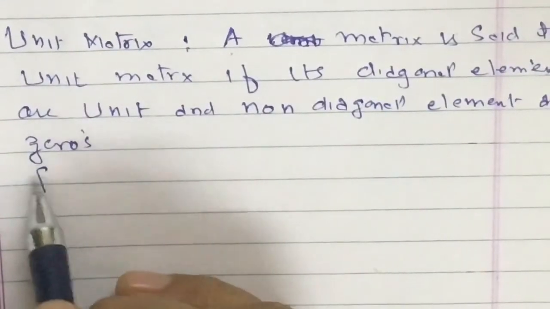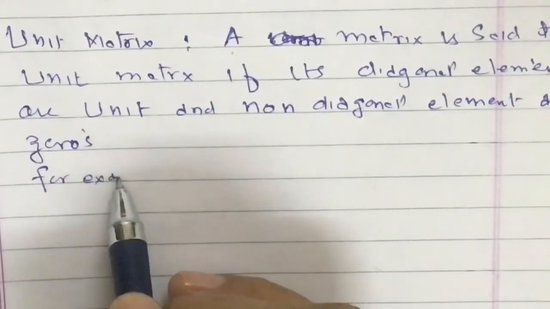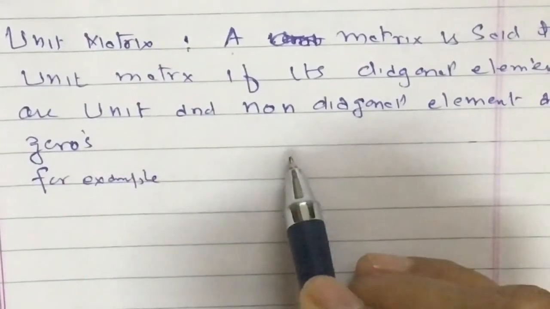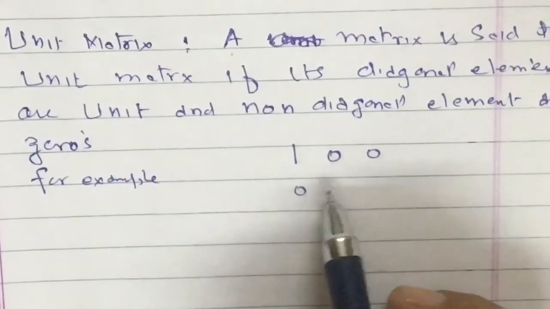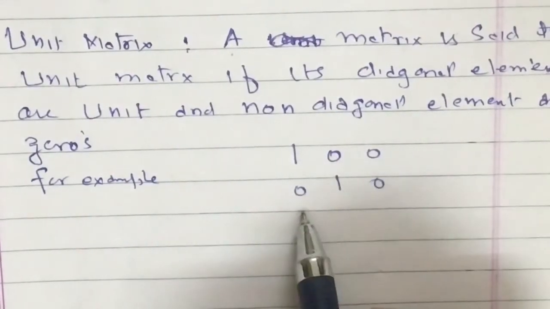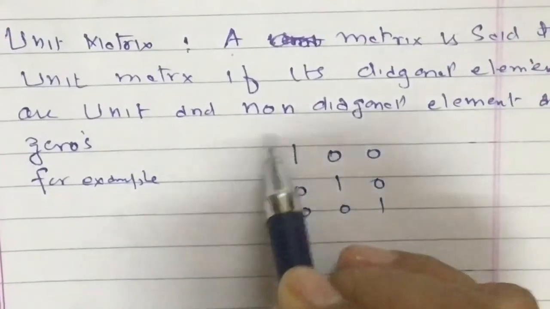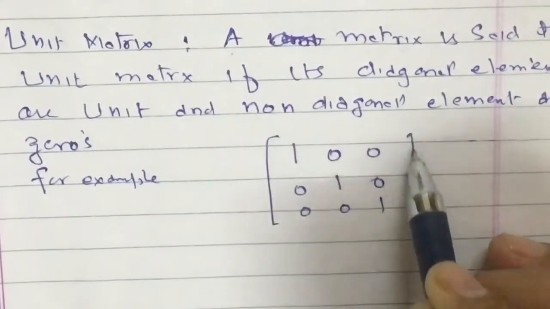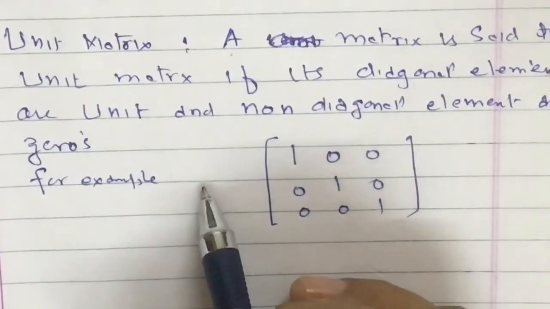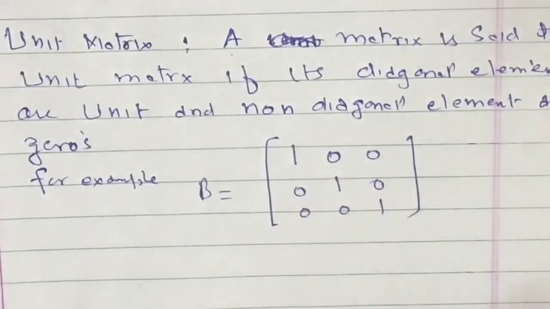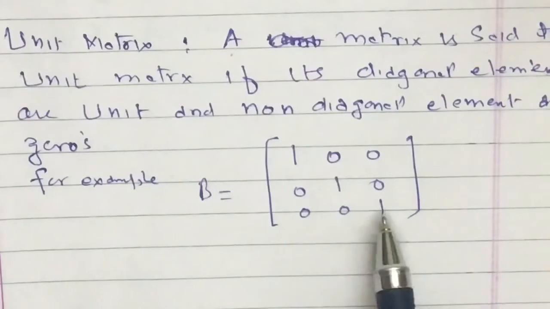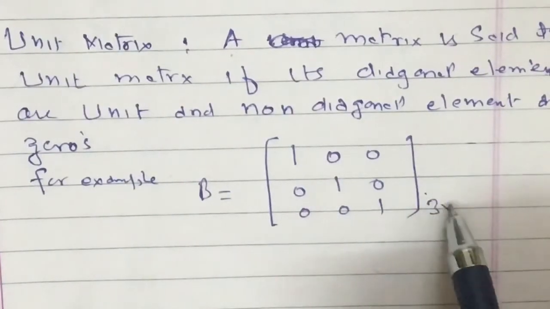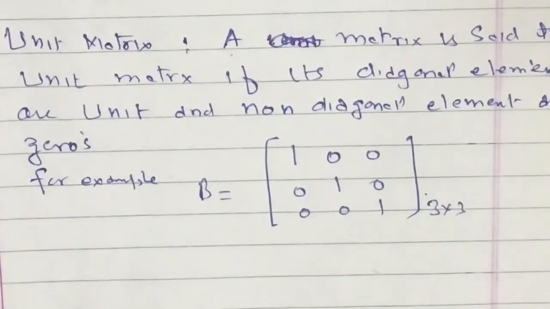For example, I'll write down 1 0 0, 0 1 0 and 0 0 1. So this is any matrix, you can say B is a matrix whose elements are 1 0 0, 0 1 0, 0 0 1. This is 3 into 3 order and you can say it is a unit matrix.